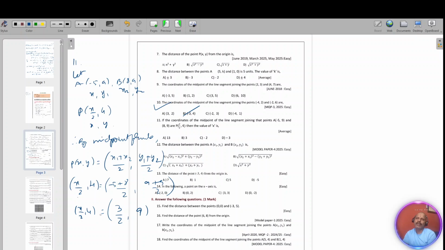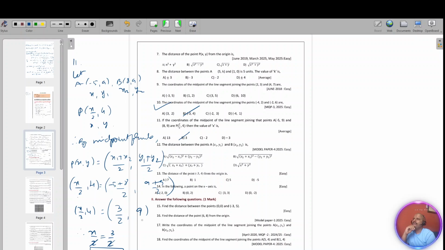When you have points in this form, one point's coordinates equal to another point's coordinates, it means their respective x coordinates are the same and respective y coordinates are the same. Remember. So we can equate, therefore, x by 2 is equal to 3 by 2. So 2 cancels, x equals 3. So what is the answer? B, x equals 3.